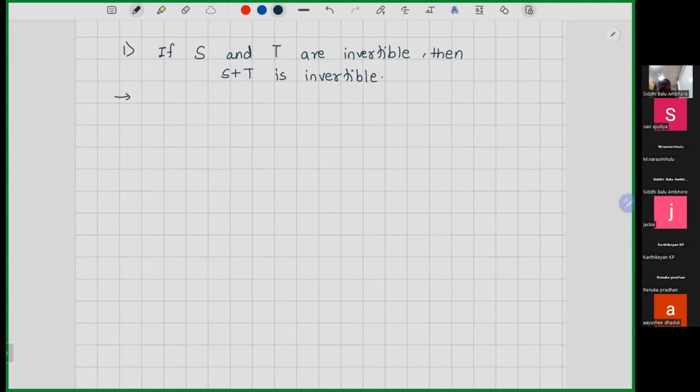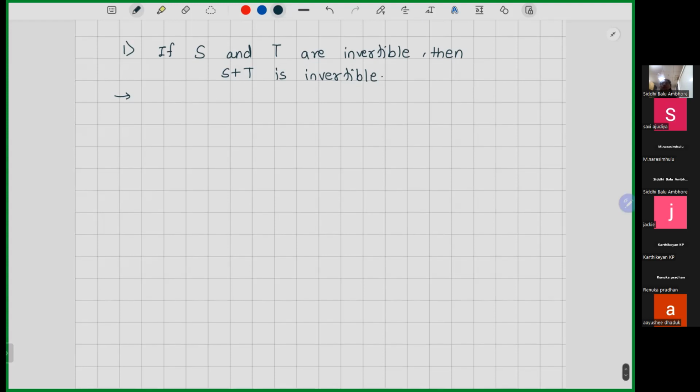It is like asking, if I have two invertible matrices, whether their addition is invertible or not. I'm just giving you a hint to think of linear transformations as matrices. If you are clear with how things work with matrices, then you can guess this. Or if not, then let us start with this S.